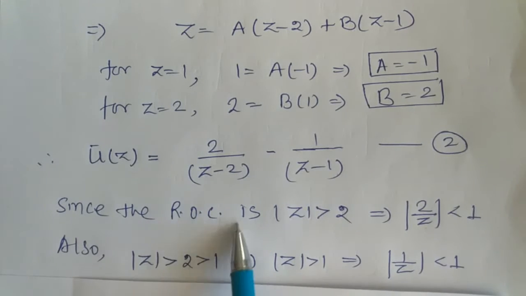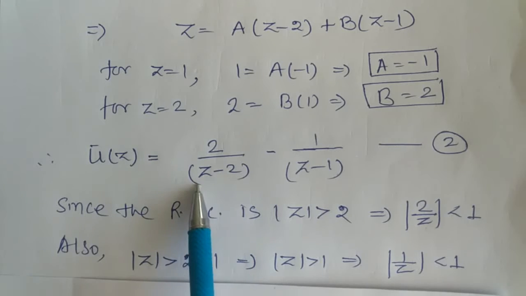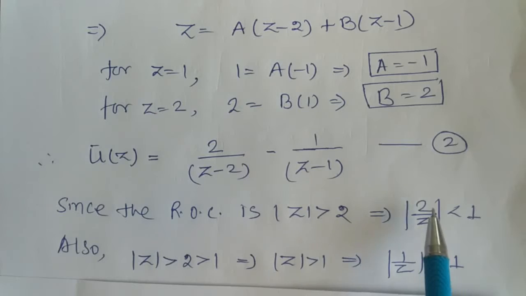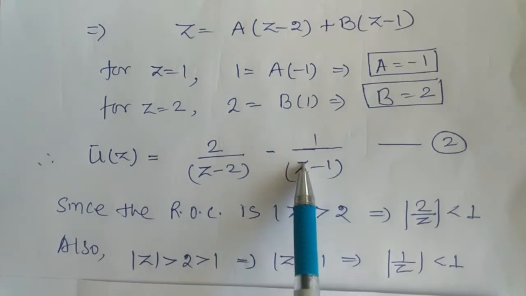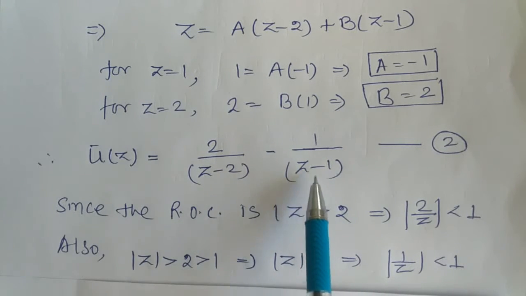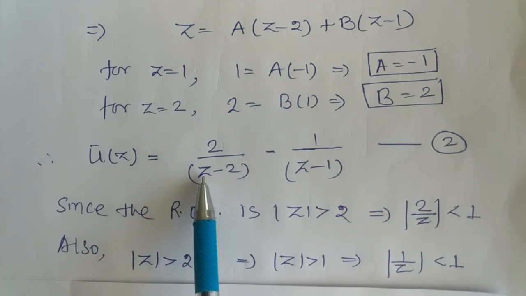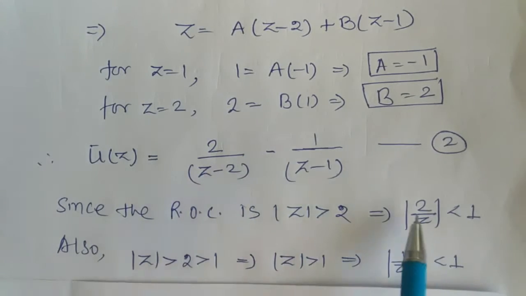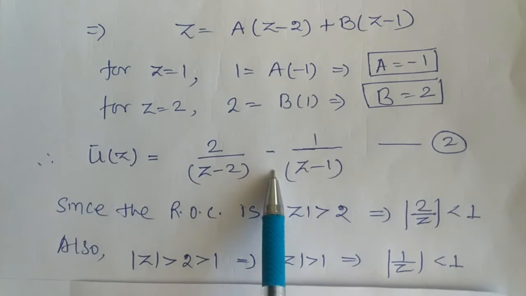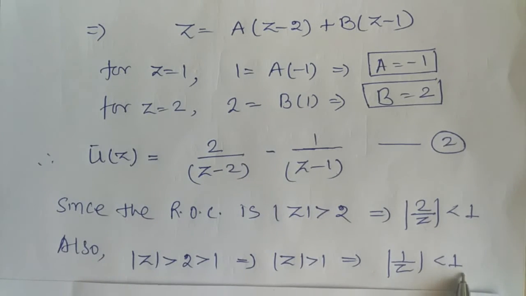So the region of convergence suggests that we have to expand this expression by the binomial theorem in terms of 2 by Z, and the other expression using the binomial theorem in terms of 1 by Z. So here we take Z common in the denominator, then we have 1 minus 2 by Z, and here we take Z common, then we get 1 minus 1 by Z, and mod 1 by Z is less than 1.